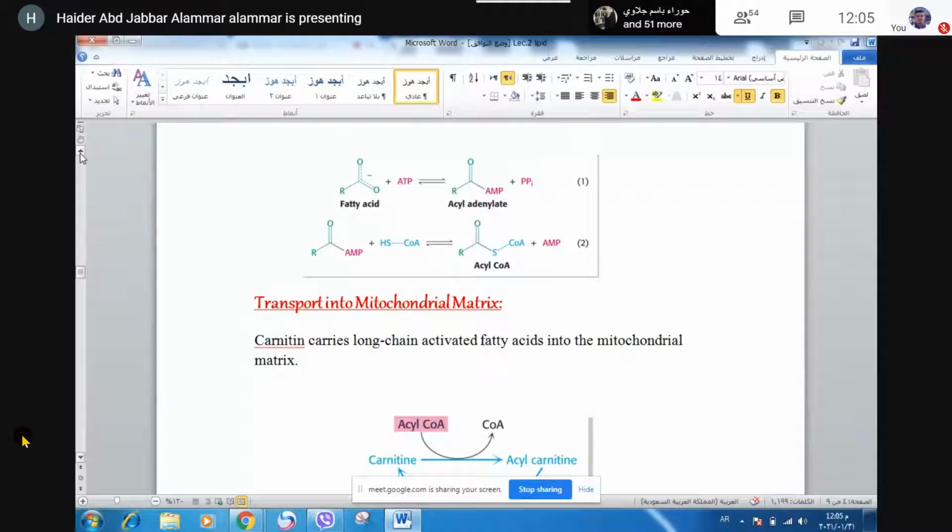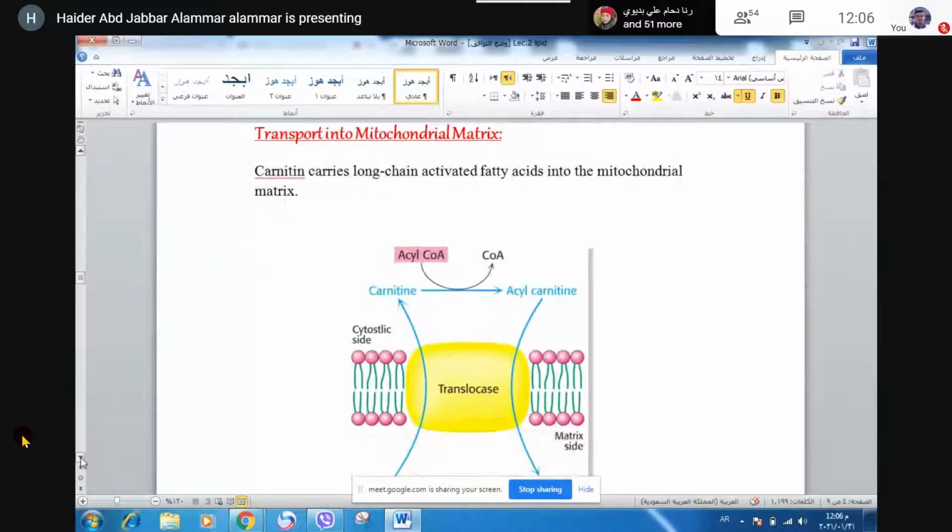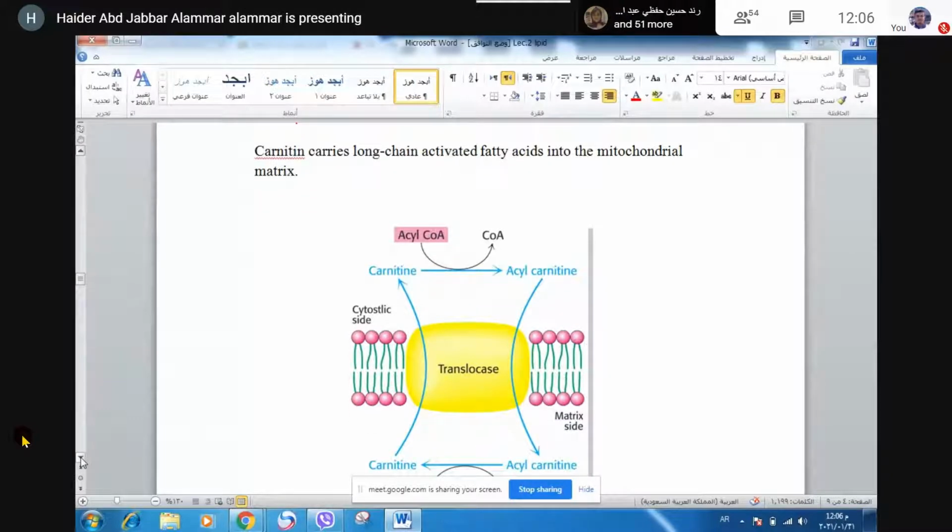So what next? By which mechanism can this activated fatty acid enter the mitochondria? Regarding the transportation into the mitochondrial matrix, there is what is called the carnitine shuttle. The carnitine shuttle is composed of three important enzymes.